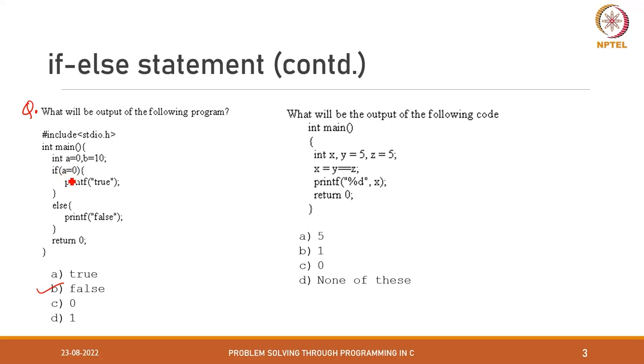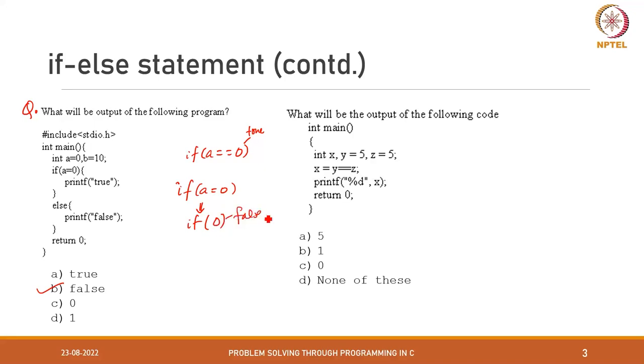Now if I had written a double equals 0, this is a condition and a's value was 0, so this should have been true. But because I have written if a equals 0, this basically translates to if of 0. That means it saves the value of 0 in a, and the entire value of this if condition becomes 0. That means it's false.